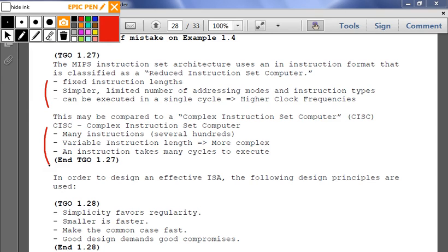But let's say I was a designer as well, why would I want to choose RISC over CISC or CISC over RISC? What would be some of these trade-offs, do you think? Would MIPS be faster? MIPS would be faster in certain circumstances. We're going to talk later about simplicity favors regularity.